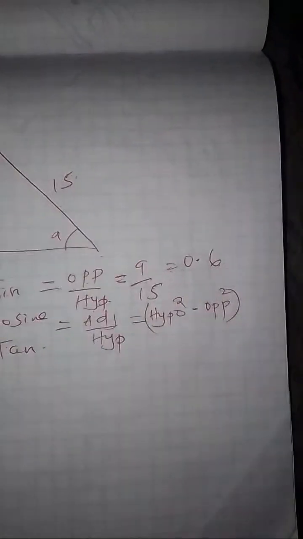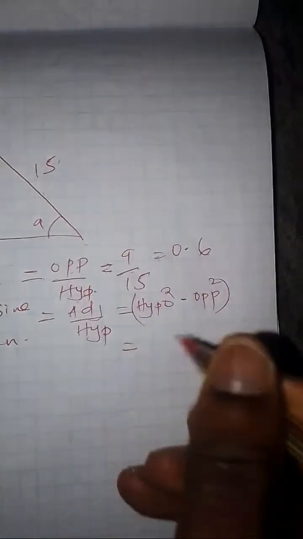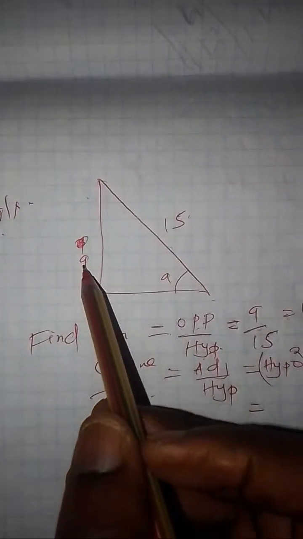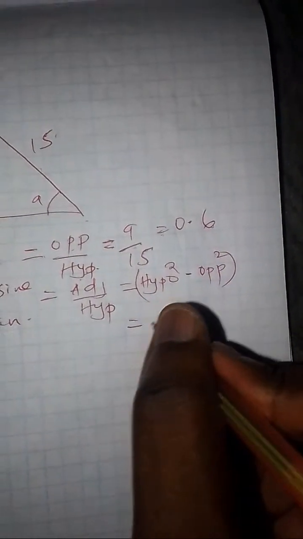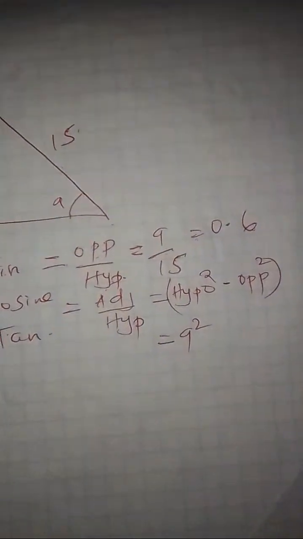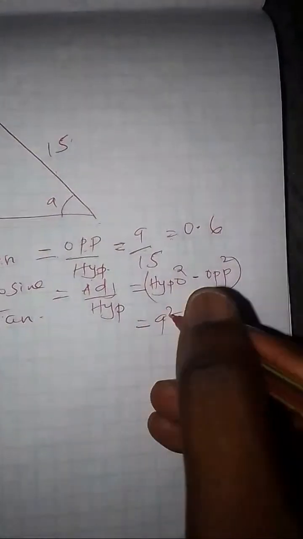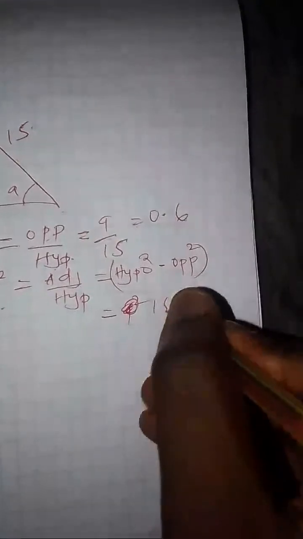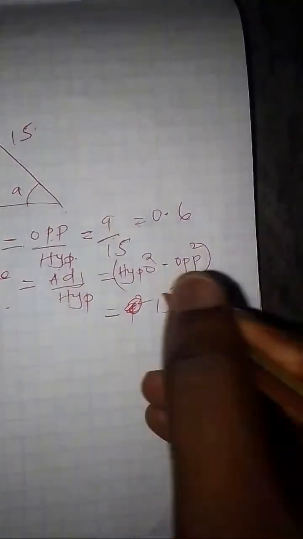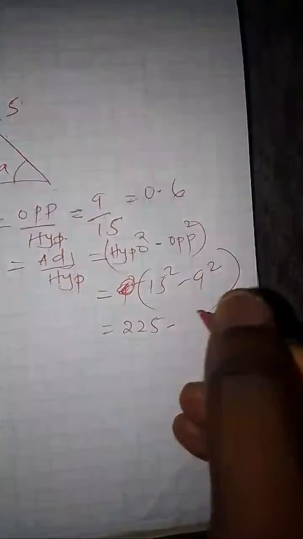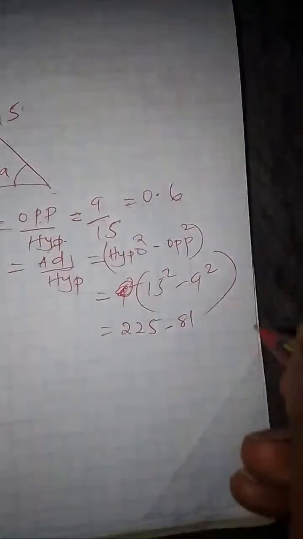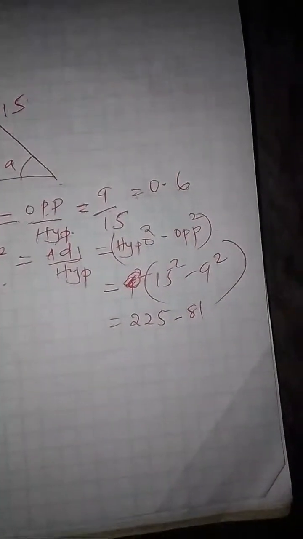Now, what is the hypotenuse? The hypotenuse is 15, and the opposite is 9. So in short, we shall have 15 squared, subtract 9 squared. What is 15 squared? It is 225, subtract 9 squared, which is 81.